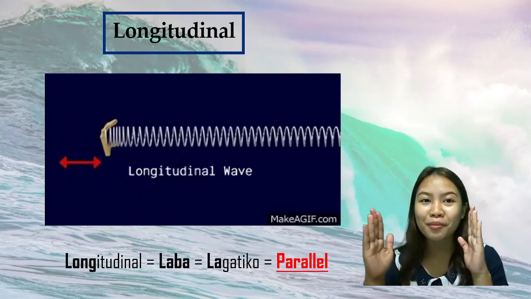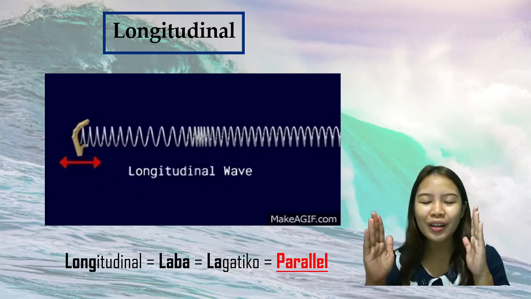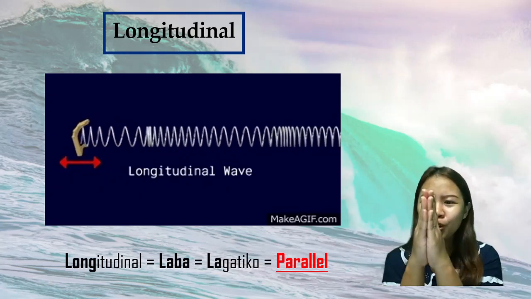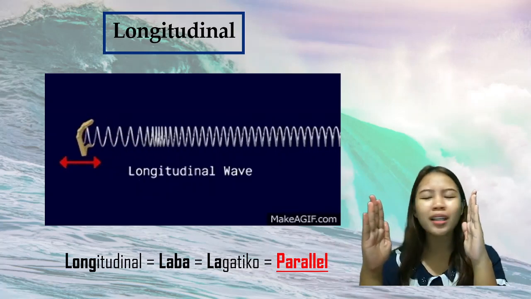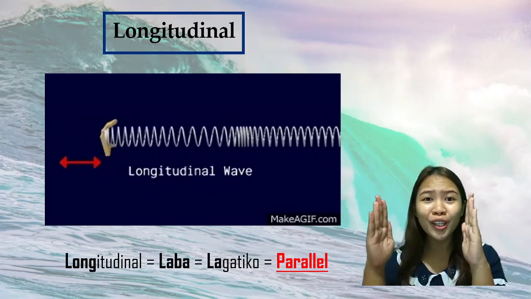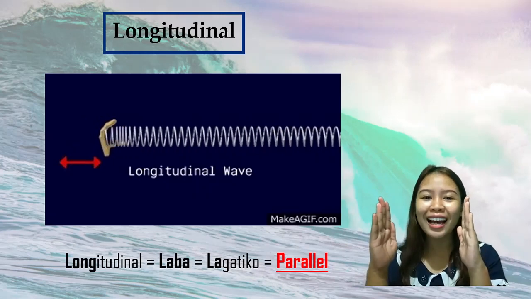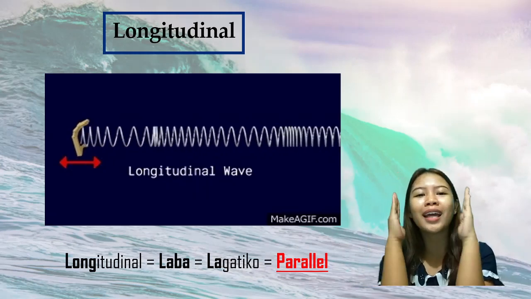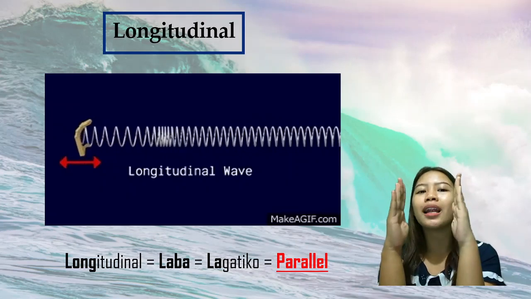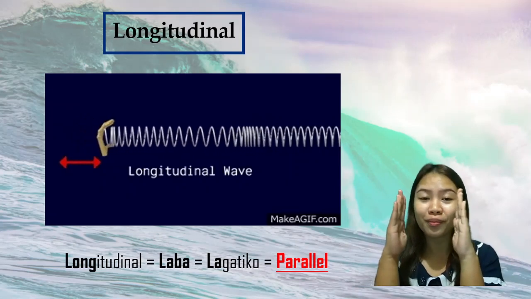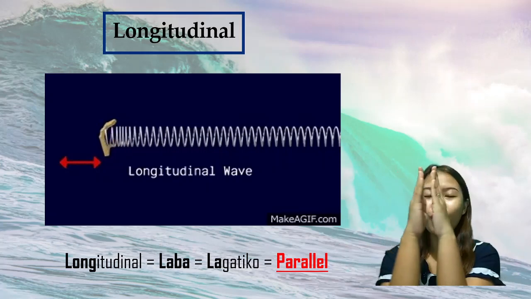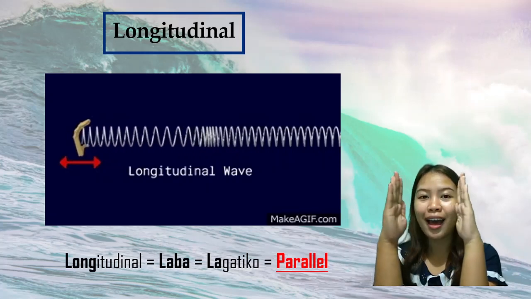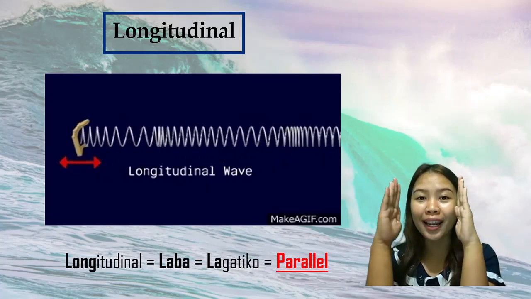Diba? Laba siya. Okay. And then, kay tungod long siya kag laba, kung amo tawon ni Miss ang iya nga kamot, la siya gatiko. Kay tungod la siya gatiko, kung amo tawon nato ang hands ni Miss, it is parallel to each other. Okay? So, long, laba, la gatiko, parallel.